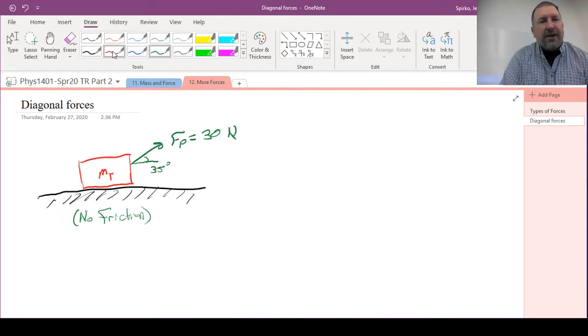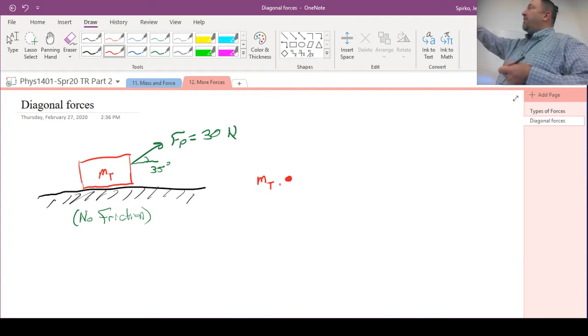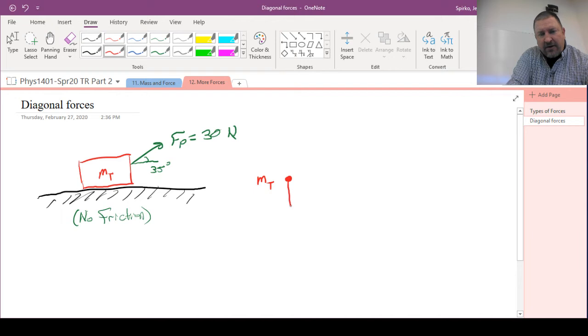So now I want to draw my force diagram for this thing. There's my MT. Actually, I'm going to put the label on the other side, MT, because I'm going to need stuff on the right side in order to label the pulling force. Okay, we have our force gravity.